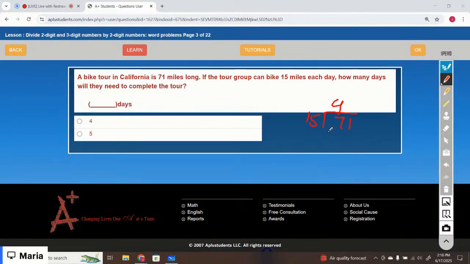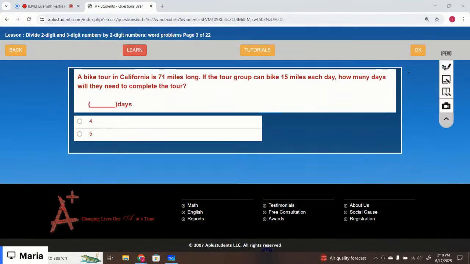We can go for 15 times 4 is 60. So how many days will they need to complete the tour? They need 4 days, right? But still they have 11 hours left. So that means 4 plus 1 is 5. So we need 5 days. Option number 2 is the correct option, 5 days.